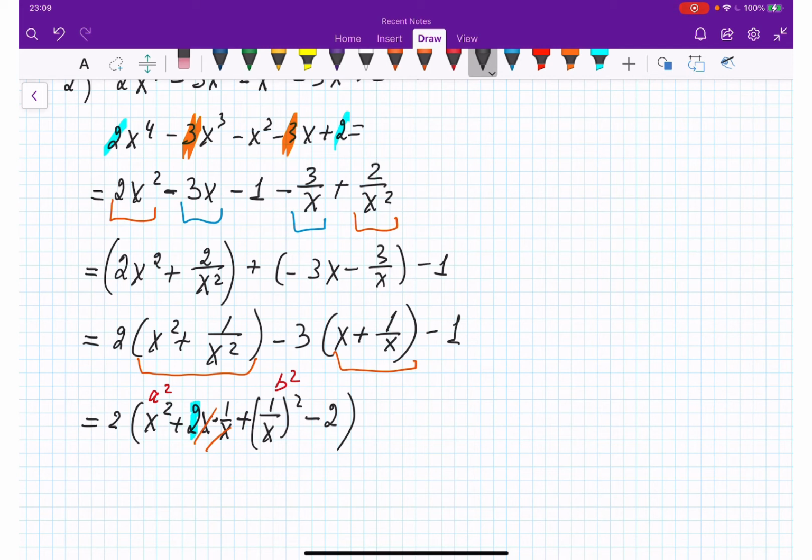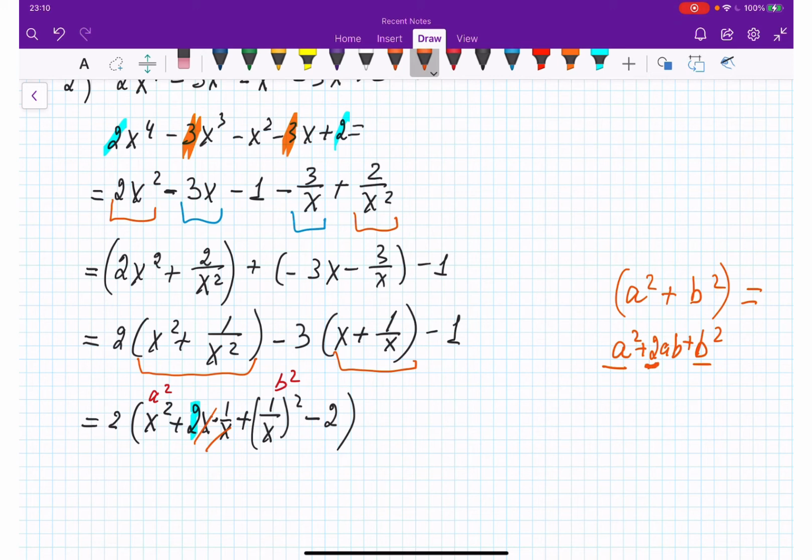Okay? And as a result, well, I hope you understood what I did. So practically I am given here, let's say, a squared, and I'm given b squared, which is 1 over x. So to make it a complete perfect square, I have a squared here, I have b squared here, and I'm adding 2ab. A and b are given. So I added realistically these two.